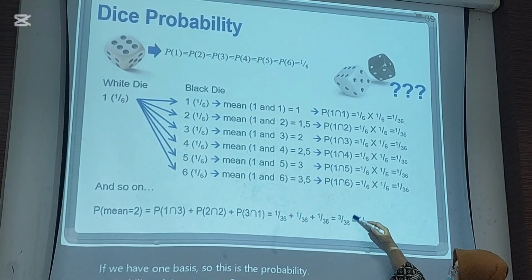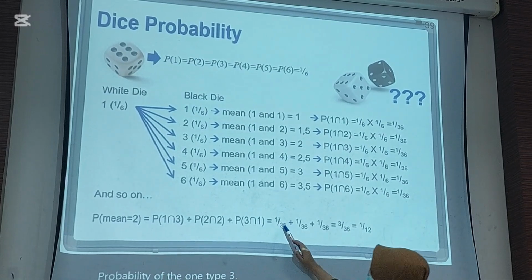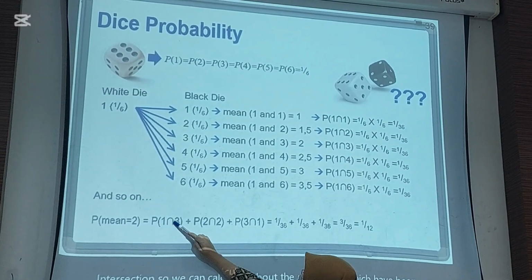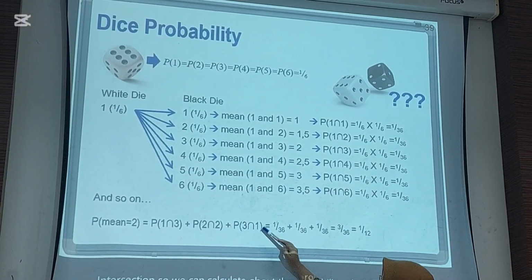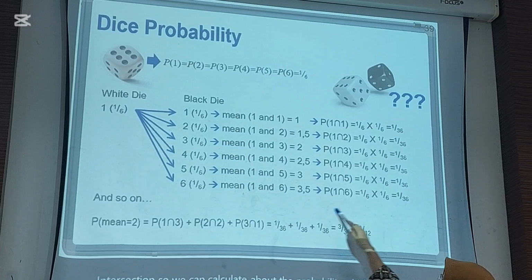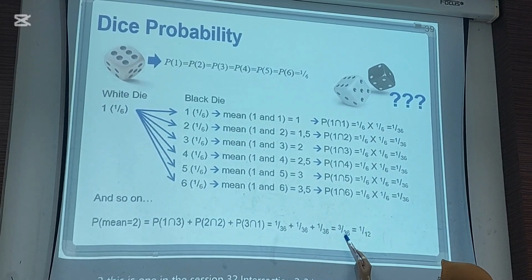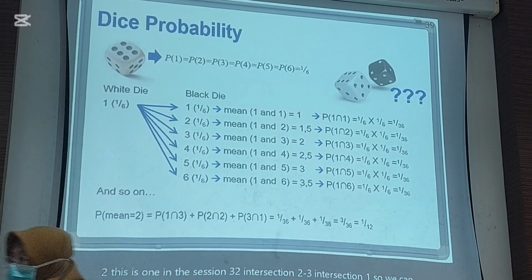So we can calculate the probability. We have 1 intersection 3, 2 intersection 2, 3 intersection 1. So we can calculate this. That is 3 per 36, and we have 1 per 12.